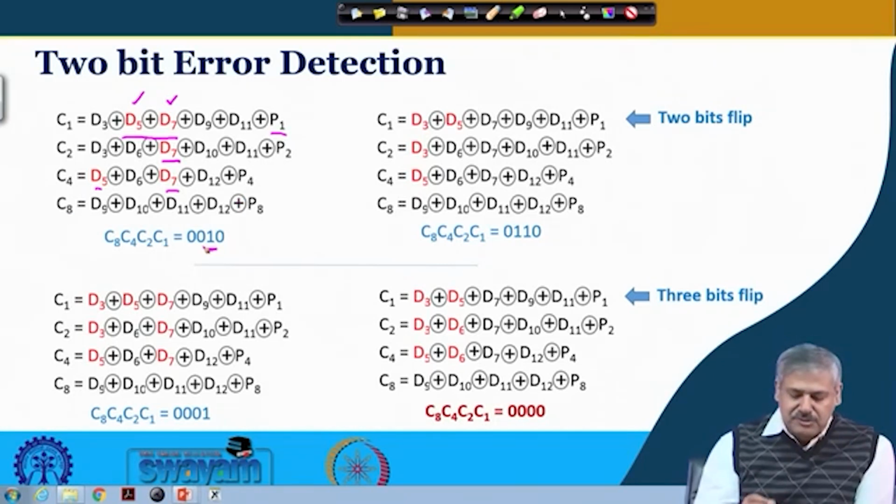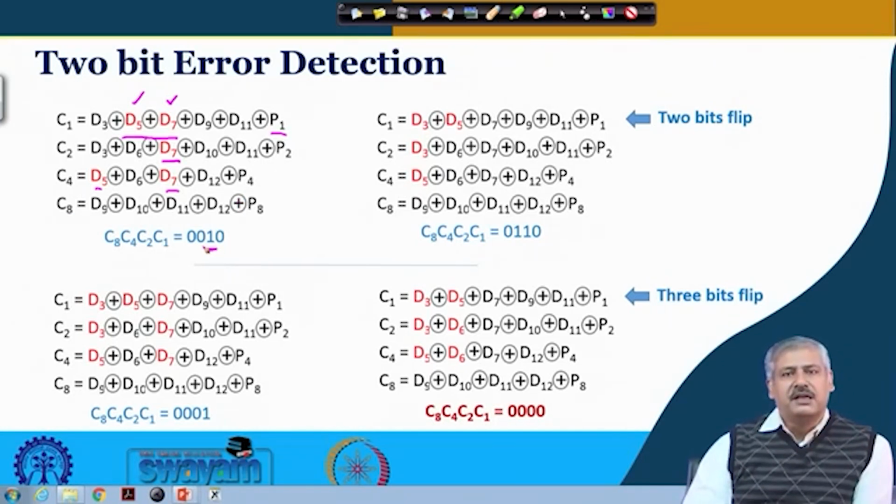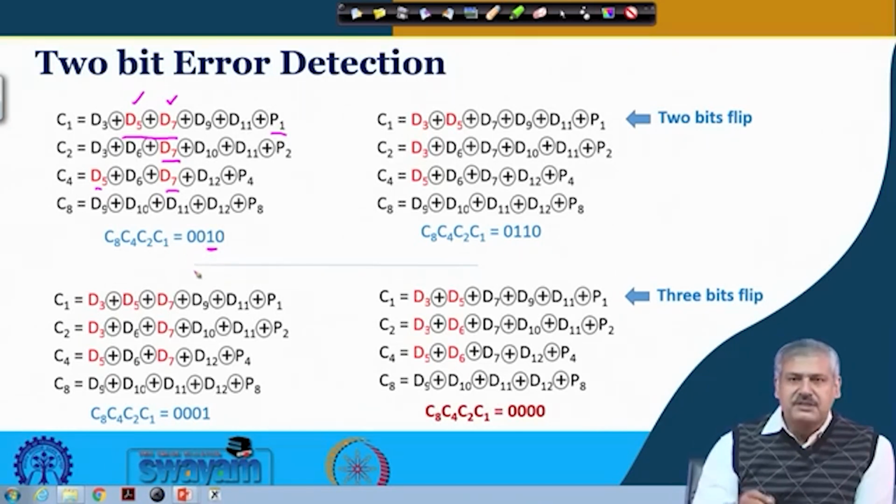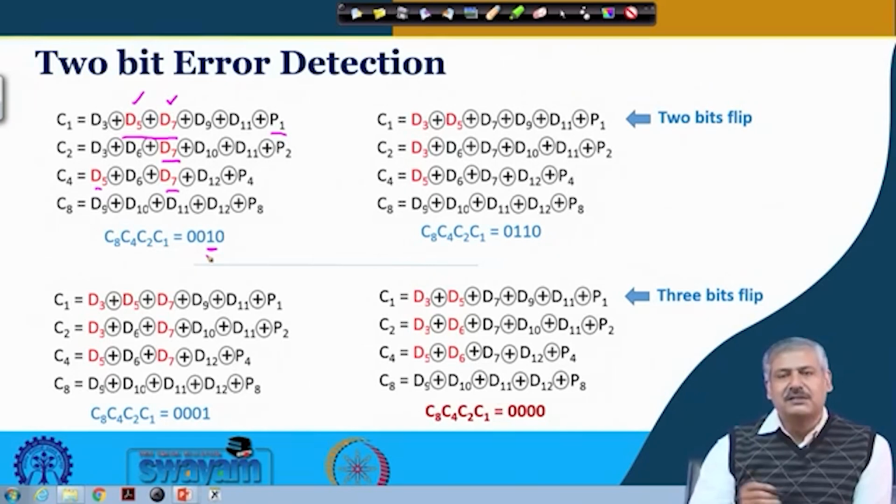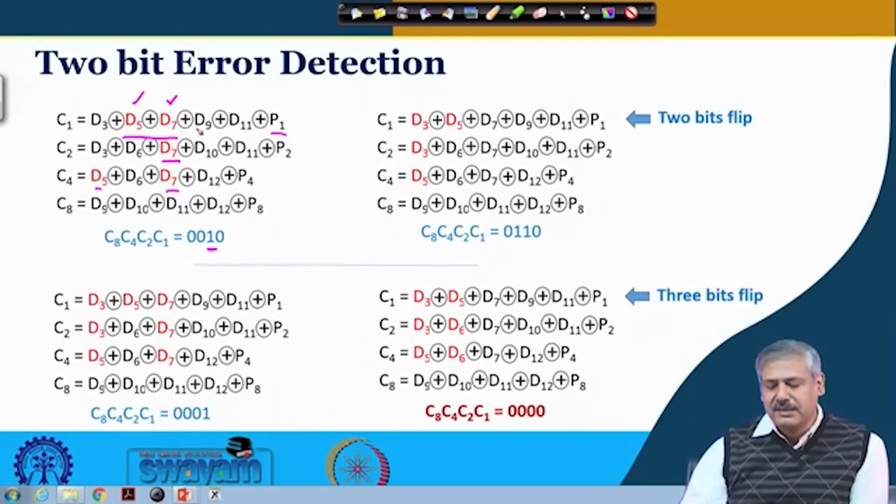So, only C2 will give you an indication that there is an error, but it cannot correct it because it is indicating 2. If only one bit error was there, then you could have seen that it is P2 that was erroneous, but that is not the case here. So, more than one bit correction is not possible. D5 and D7 cannot be corrected.